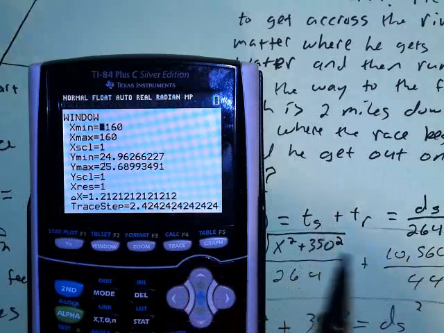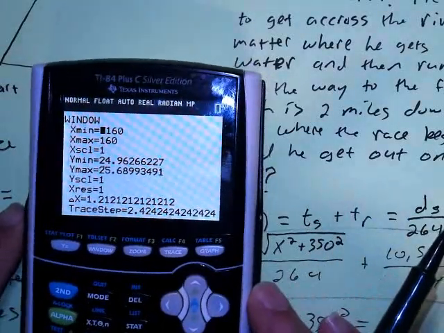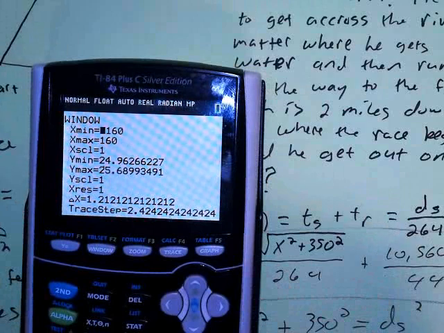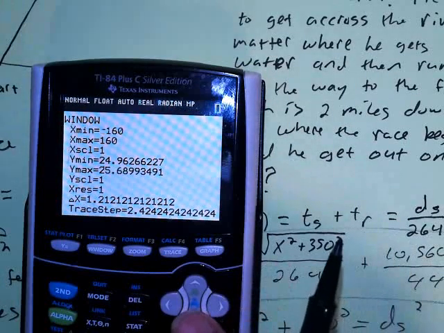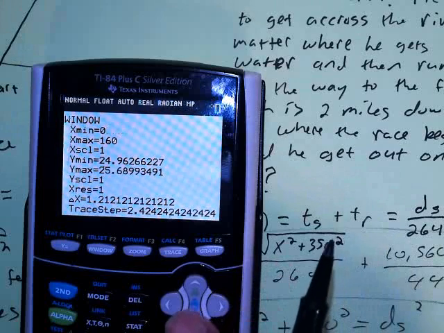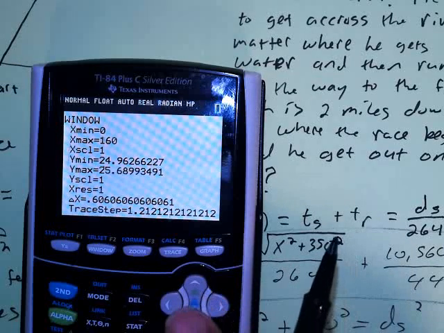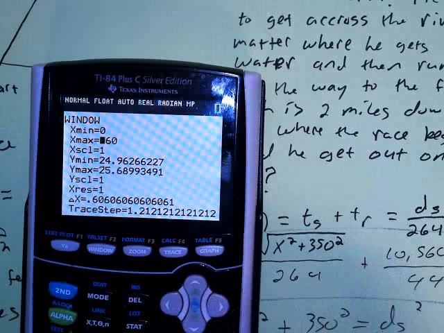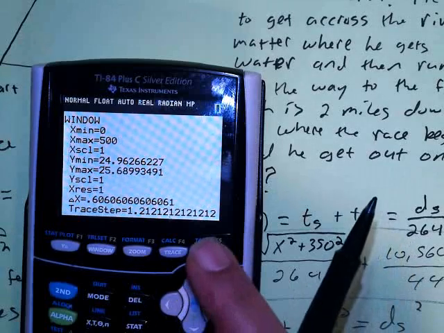And so what I'm going to do here is I can start this at, well, yeah, I can start it at 0, but let me take this to something bigger than 160. So I'll take it to 500.